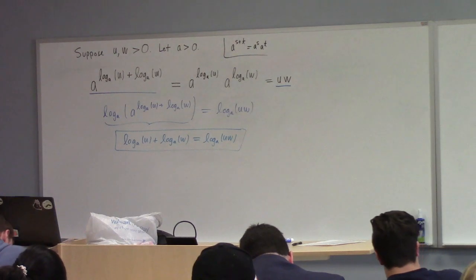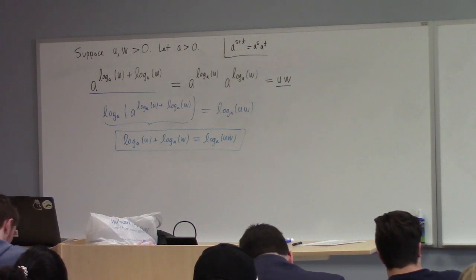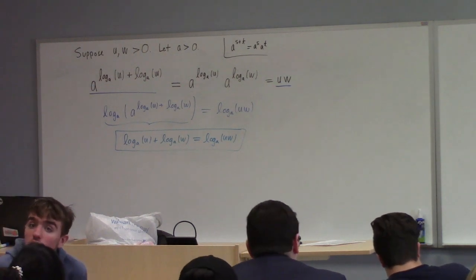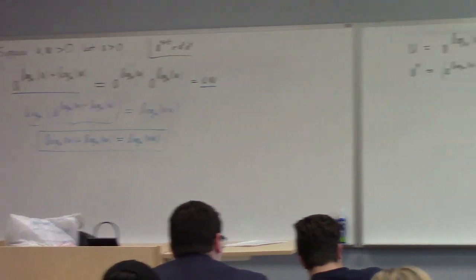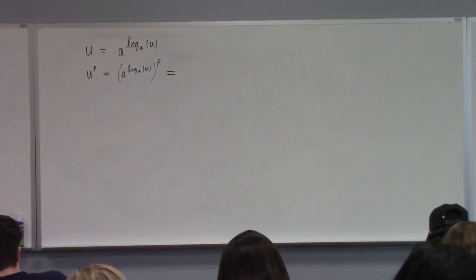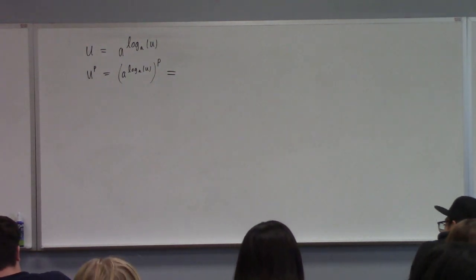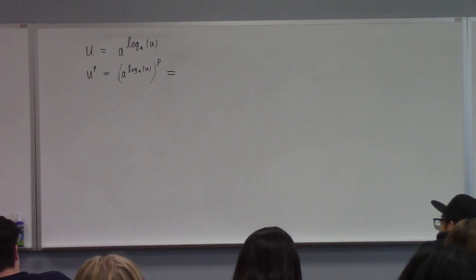Do you remember the other law of exponents? A to the S, parentheses, exponentiated to the t power is A to the st. I'll write it out, Michael. Just a second here. Very good.